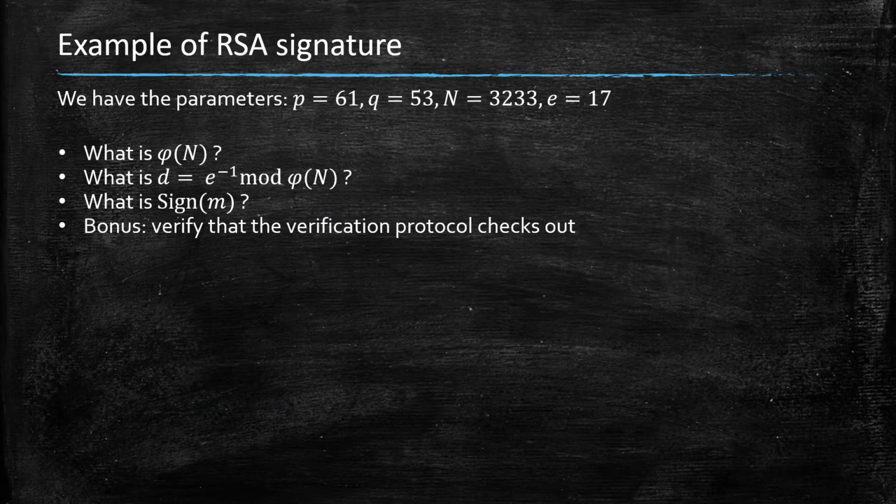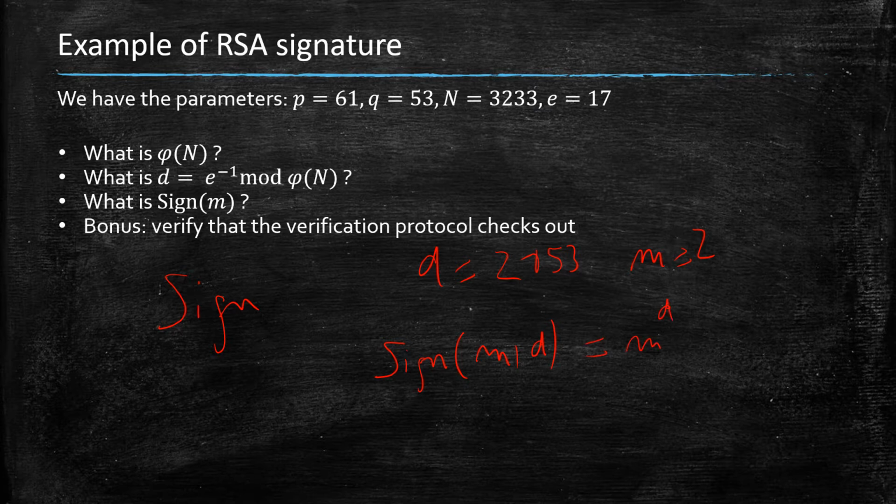So again, here we have the same value phi of n as before, and if d is as before, 2753, and m is 2, then the signature of m with d is m to the d mod n, which equals 1027.